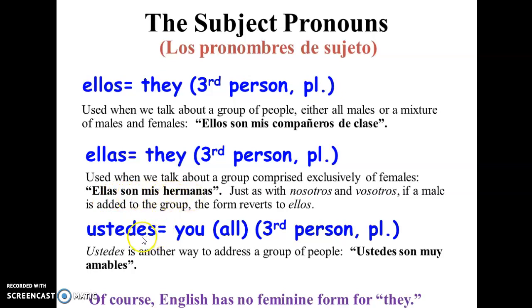And then the last one is ustedes, when we want to say you all or you guys. So we are addressing a group of people. Ustedes son muy amables, like saying you guys are very nice. And that's the difference between Spanish and English, because English doesn't have a feminine form of they, but Spanish does.